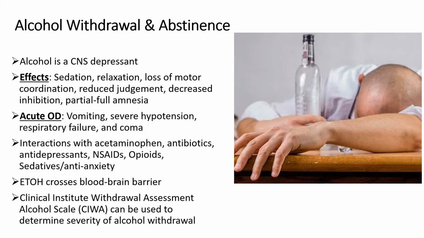Well, sedation, relaxation, loss of motor control, so falling over, so increased potential for falls, head injuries, disinhibited, meaning you typically will not do certain activities if you weren't intoxicated, but now that you're disinhibited, you may do activities that would potentially put yourself at harm.